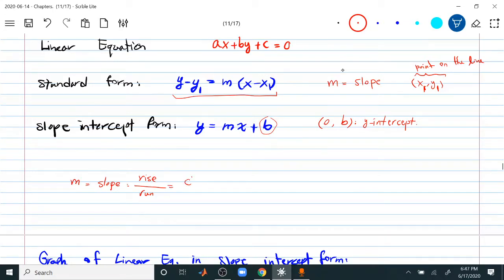In other words, it is change in y divided by change in x. This tells you how much movement you make along the x direction, then how much movement you make along the y direction, if you want to go from one point to another.